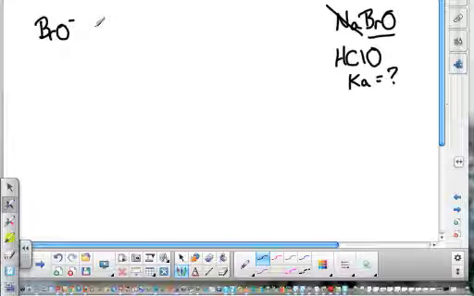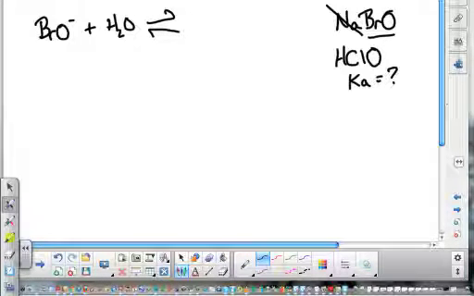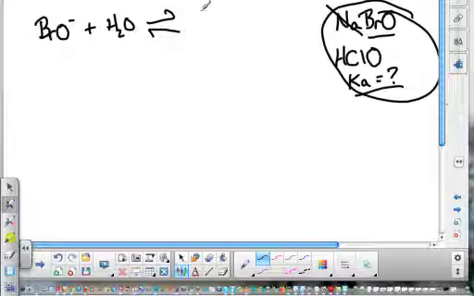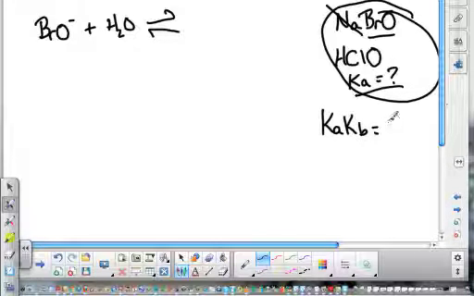You're going to do exactly what I'm doing right now, which is writing the equation for the base. You got your Kb. In this case, you were given it. In the case of it being asked in this way, you would be looking that Ka up and calculating the Kb using Kw, because Ka times Kb equals Kw. But we didn't have to do that.